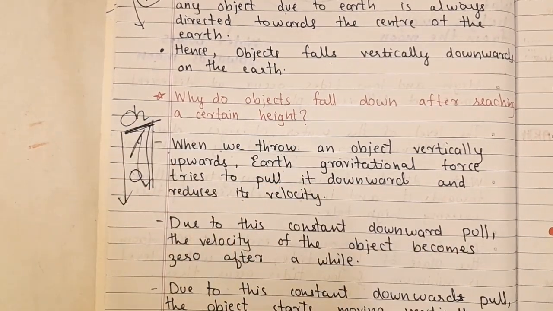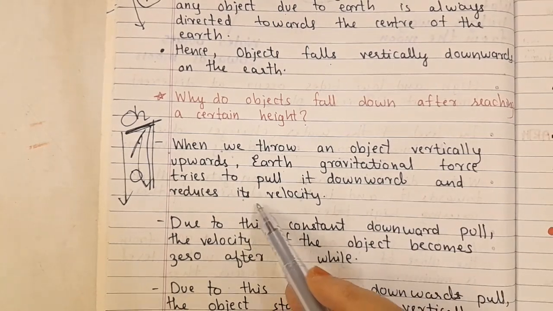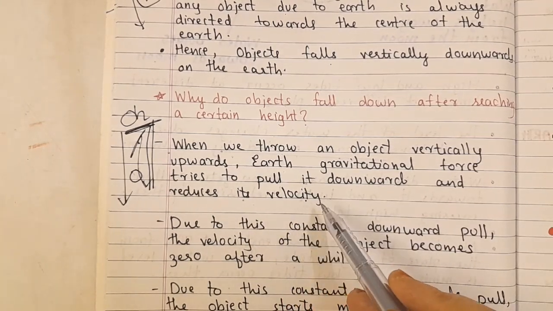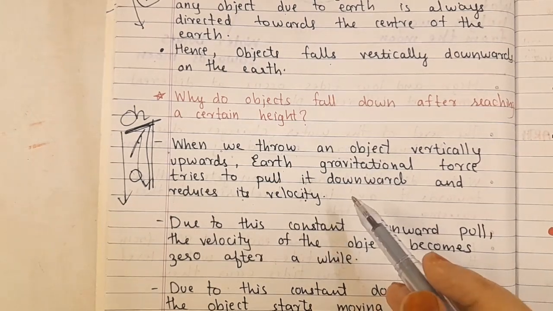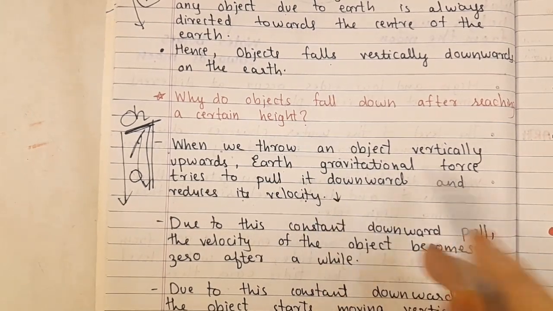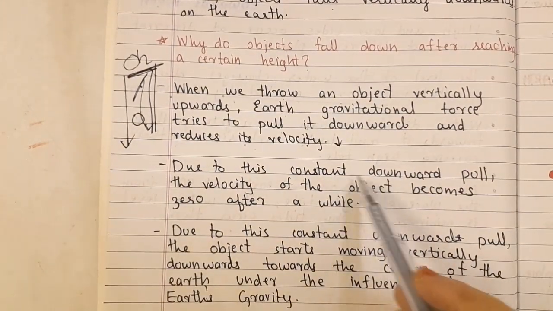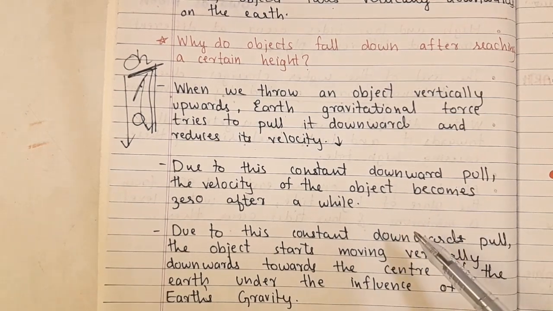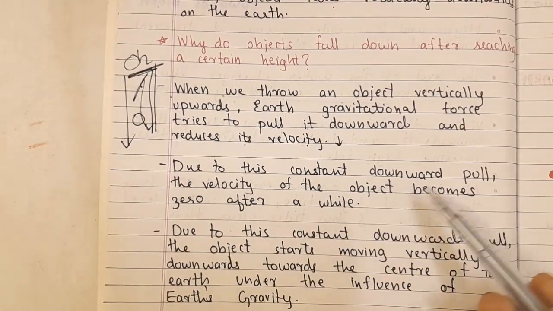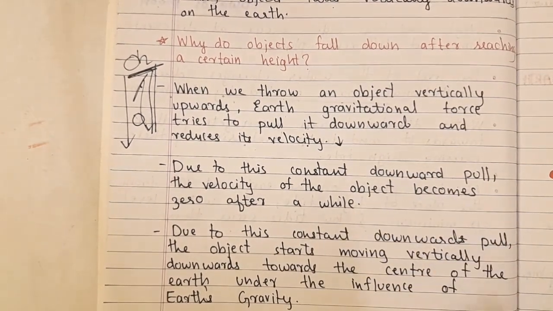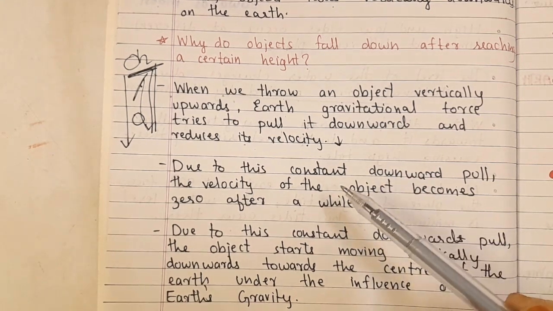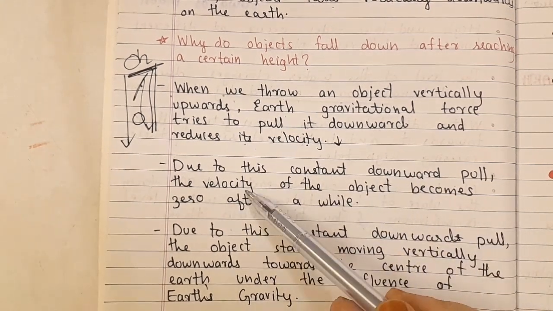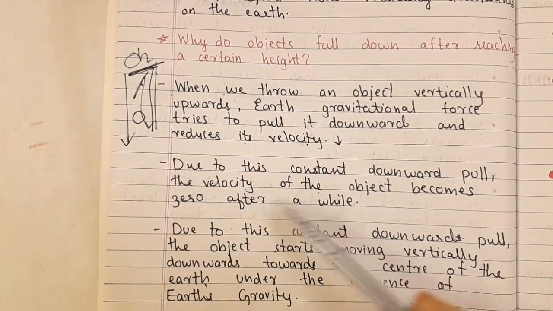tries to pull it down and reduces its velocity. Due to the gravitational force of the Earth, the object's velocity is reduced. The gravitational pull is constantly acting on the object, and due to this downward pull, the velocity of the object becomes zero.